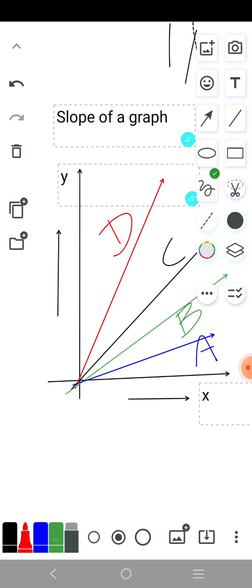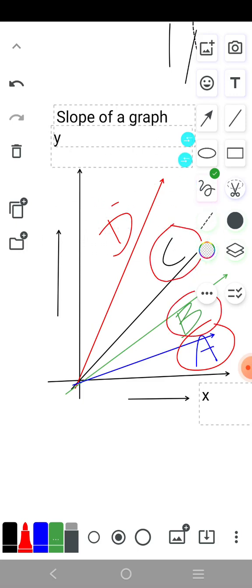One friend is traveling along path A, another along path B, another along path C, and another along path D. You might be thinking which path will be easier, or which path will be more sloped or steeper.